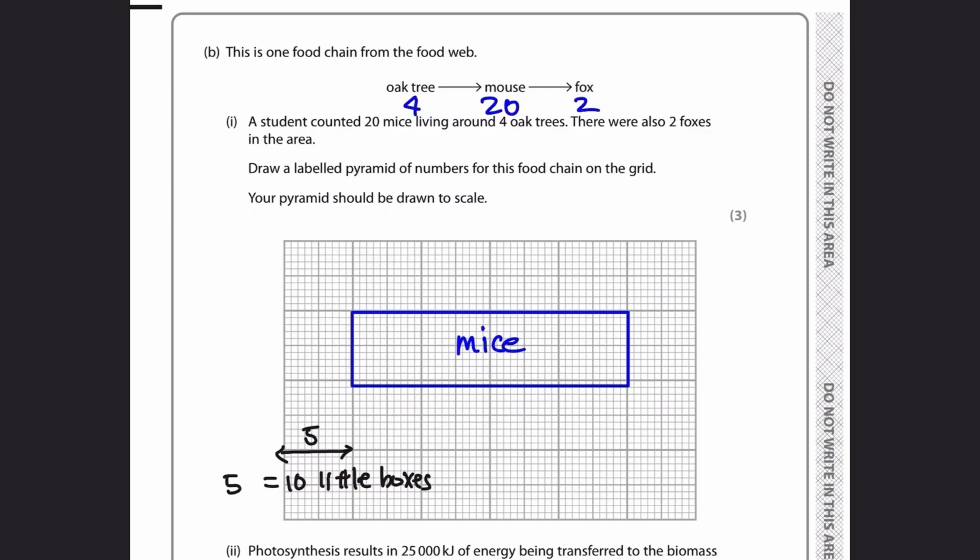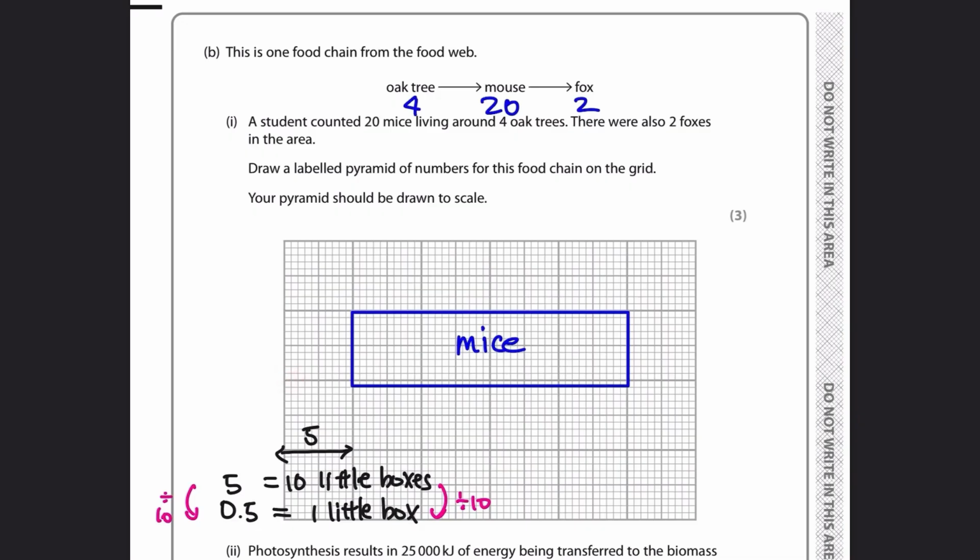So therefore, what is one little box? And by little box, I mean this little box, right? Then you do the maths. To get from 10 to 1, I divide by 10. So therefore, to do the same thing on the other side, divide by 10 as well. 5 divided by 10 is 0.5. And that means one little box is 0.5.